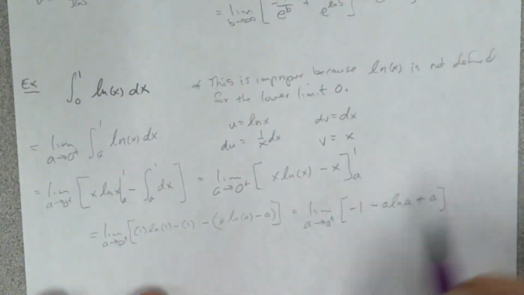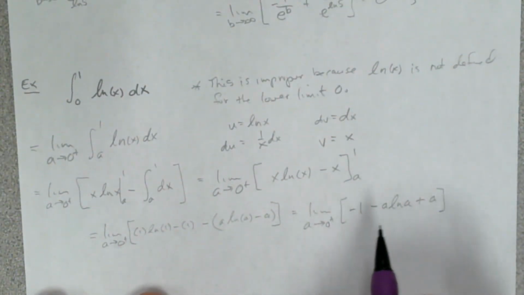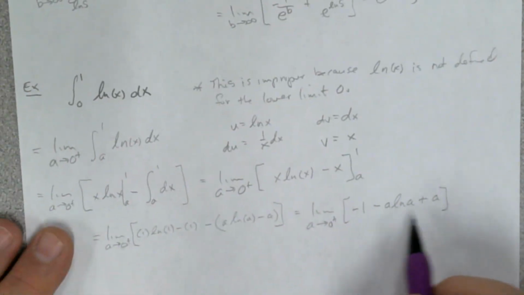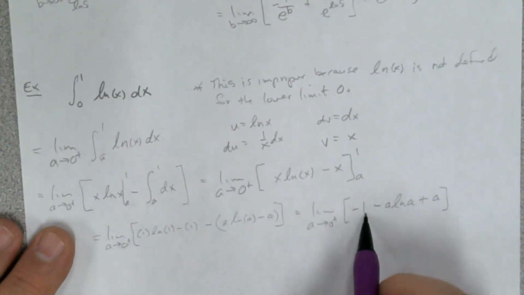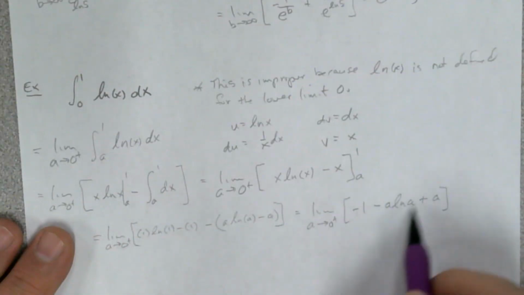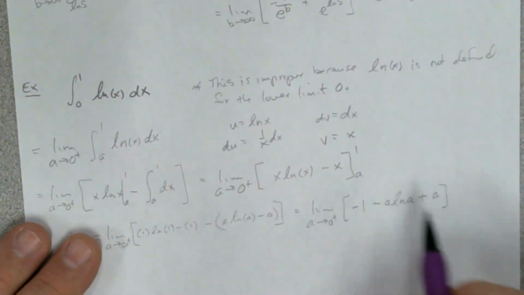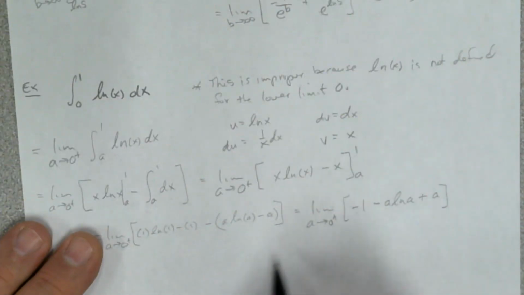So as a goes to 0, well, let's break this up. These are all pretty simple, but this one is a little bit tricky. We've got to look at this one right here. So this is the limit as a goes to 0 plus of negative 1. I'm using the properties of limits that allows me to do each one individually.